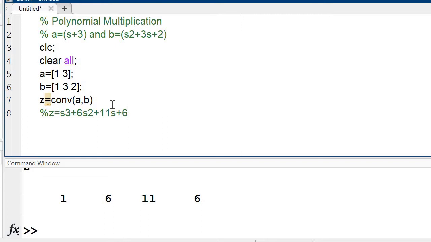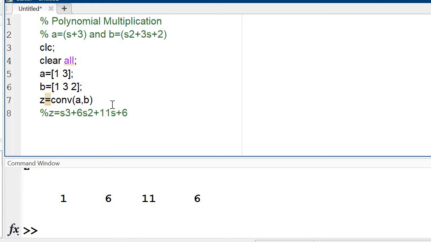In my linear convolution video, the detail of this multiplication is there, and in that I had not used the conv command, I used the formula.